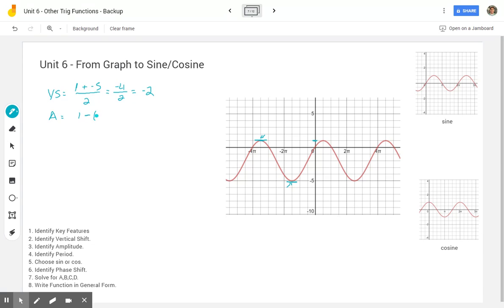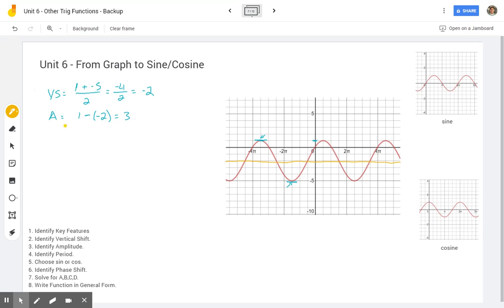So we subtract our -2, and that's going to give us 3, which means our amplitude is going to be 3. Now, before we move on to our horizontal transformations, I'm going to draw that vertical shift in here so that we can see where our x-axis really is. This is going to help us later on as we work on the horizontal shifts as well.